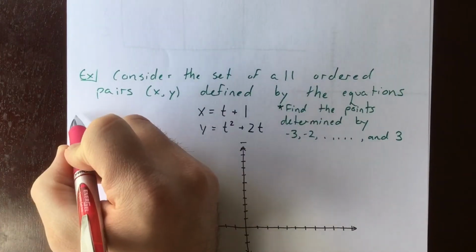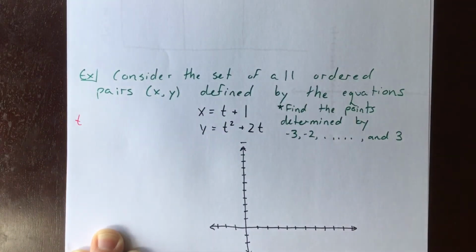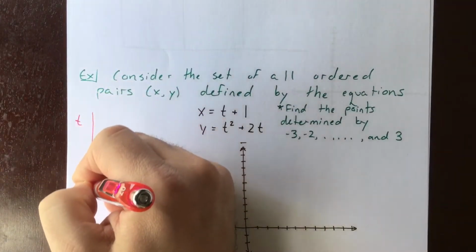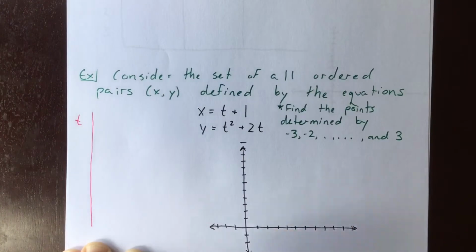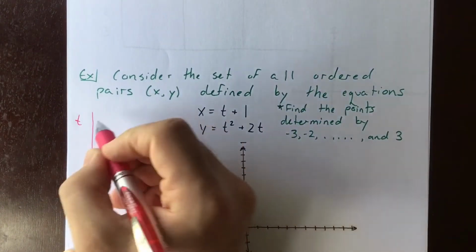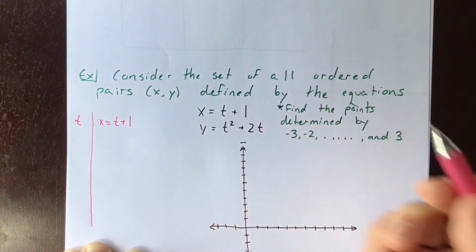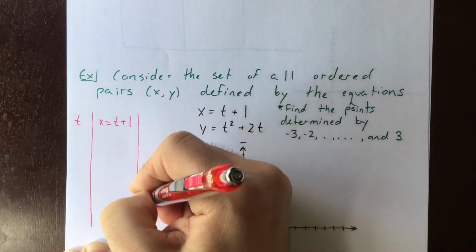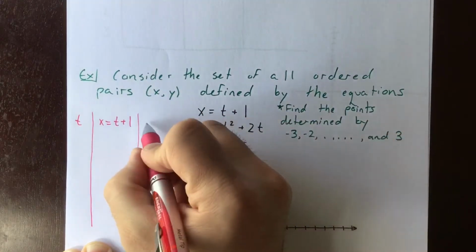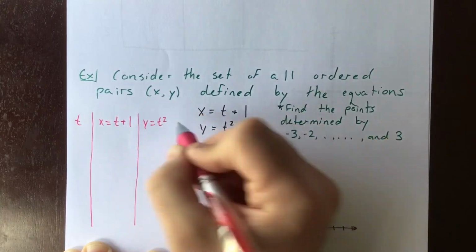Our first column will be time, the t interval. Then a second column for x equals t plus 1, and a third column for y equals t squared plus 2t.